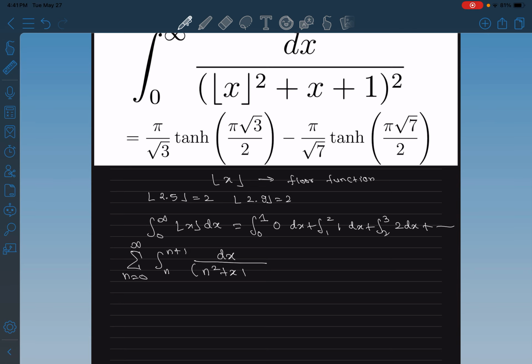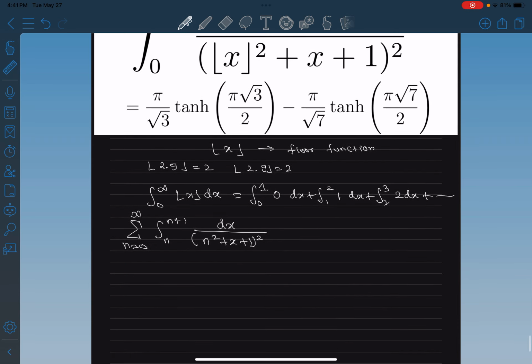So over here I'm writing the single integral in terms of multiple integrals, just breaking the integral part by part. This is from 0 to 1 plus 1 to 2 plus 2 to 3 and so on, and that's basically 0 to infinity, right? This is a really good idea which is helpful if you have floor functions.